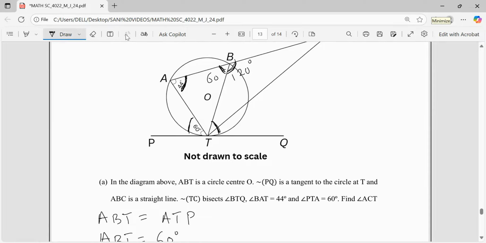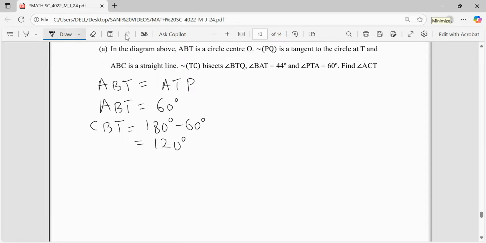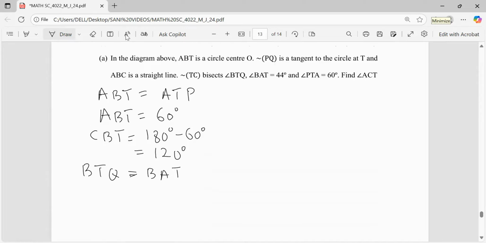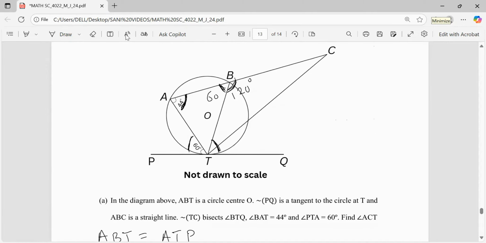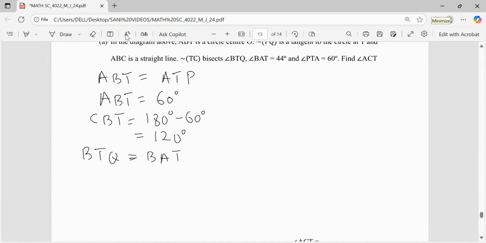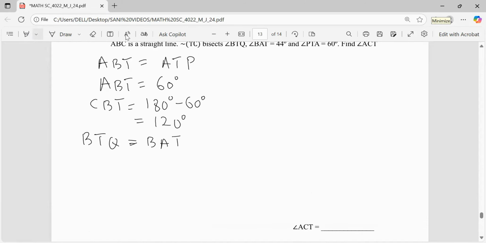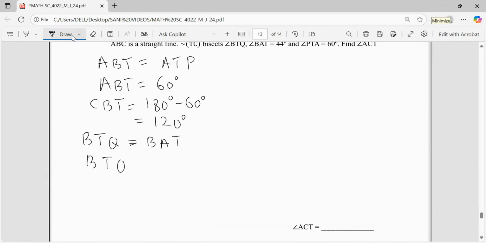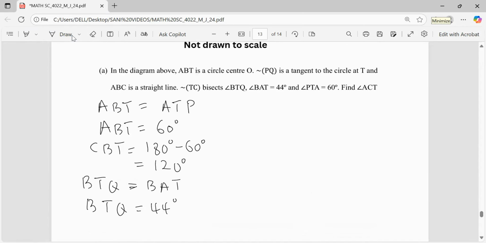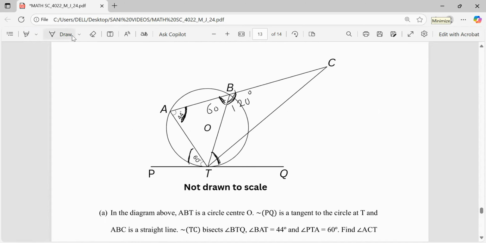So since BAT is 44 degrees, therefore BTQ is also equal to 44 degrees. So we have the whole of this angle here as 44 degrees.